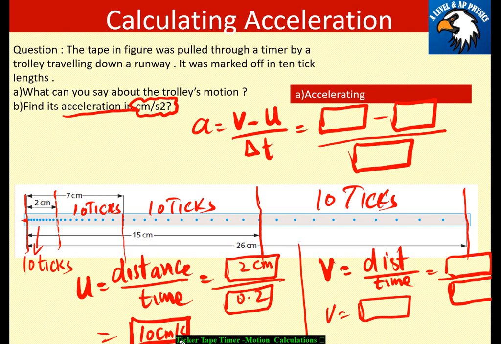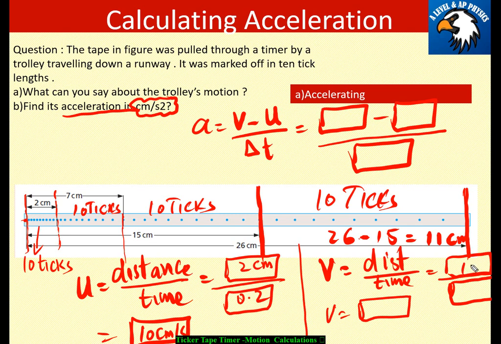Now let's take this part of the tape. We can see the displacement in this case is 26 minus 15, so the displacement is 11 centimeters.